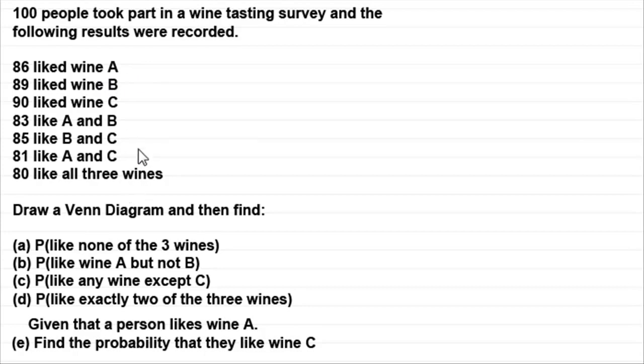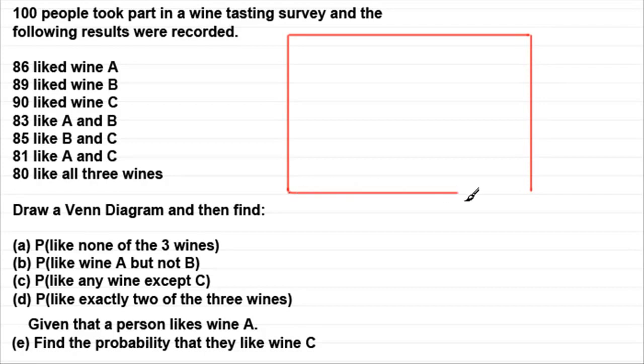Okay? And what we're going to do is, first of all, display this information in what is called a Venn diagram. Now, a Venn diagram is basically a diagram that sorts out our information, and what you need to do is draw some kind of border, normally a rectangle, and then we put the categories that we've got here.